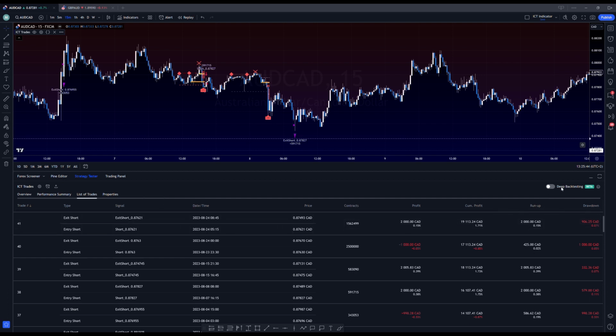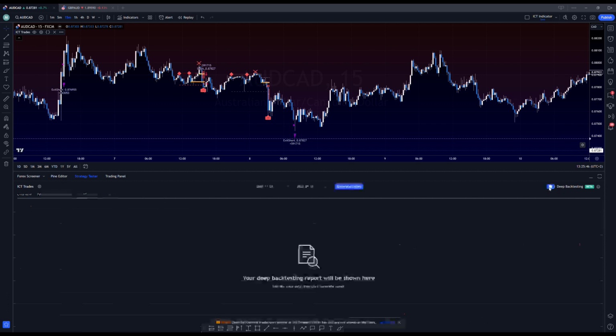You have this new ability, which is the deep backtesting, and you can generate a report for the backtesting up to November 2001 or 21. So it is approximately 22 years back.